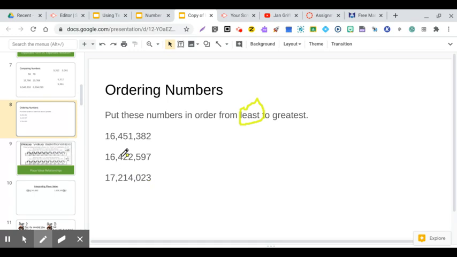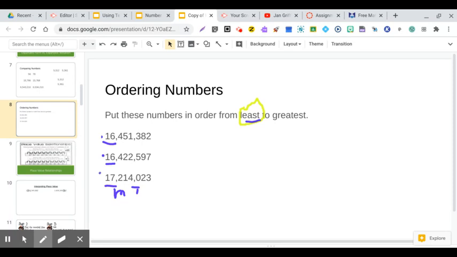This guy has 2 there, and 2 there. Okay, they're all the same, and that's always helpful because then we don't have to worry so much. So I'm going to look just at the front 2 numbers of this group. This is my millions period. Remember, I can put an M there and a T there. I'm not going to do too much of that because I don't want to get it too cluttery. So I'm looking for the least number. So I have a 16, a 16, and a 17.